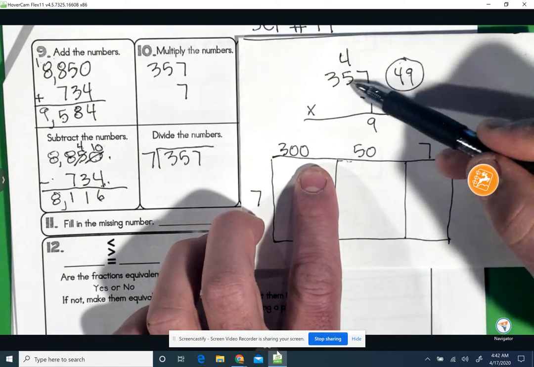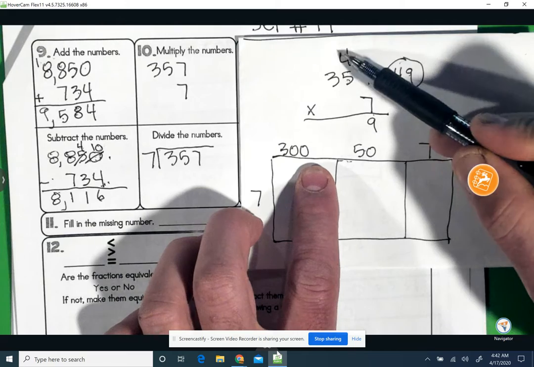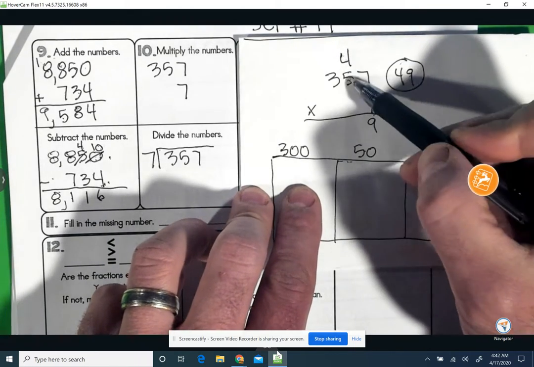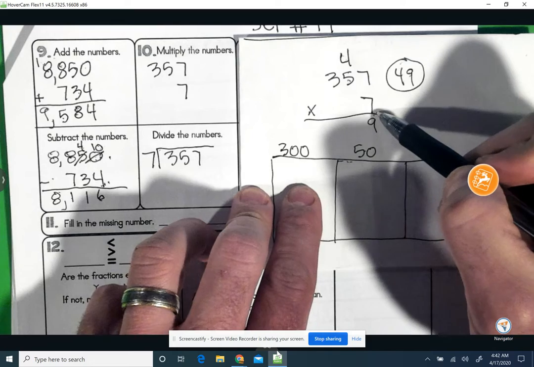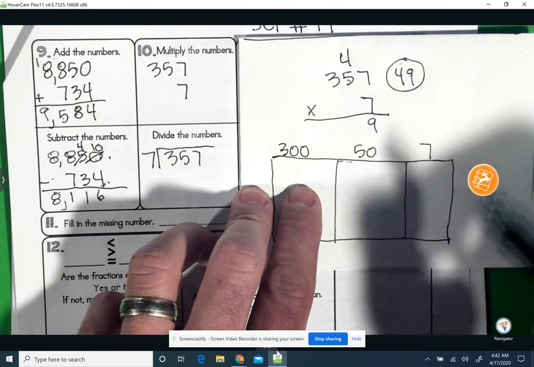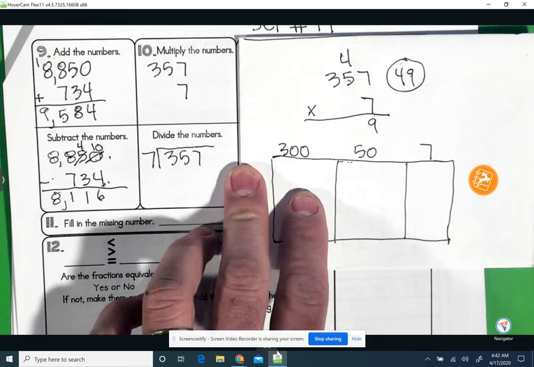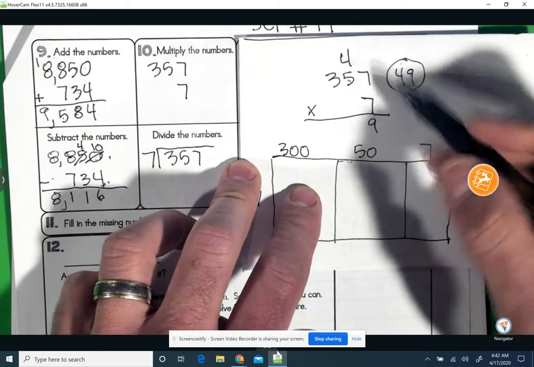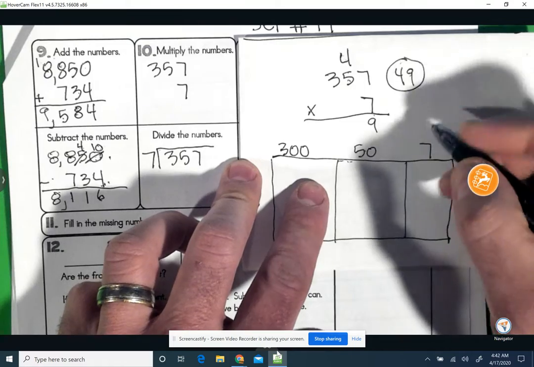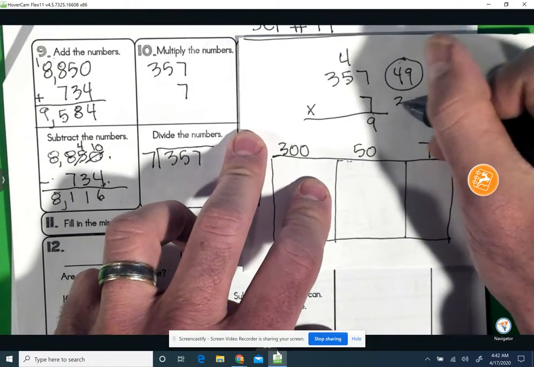Now you proceed to multiply first and then add the 4 on top. Do not add the 4 on top first and get 9 and then multiply 9 times 7. That's incorrect. Multiply first and then add the 4, which we carried on over to the tens place. 5 times 7 gives us 35, plus that additional 4 gives us 39.